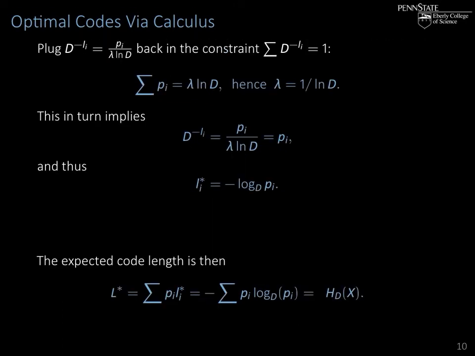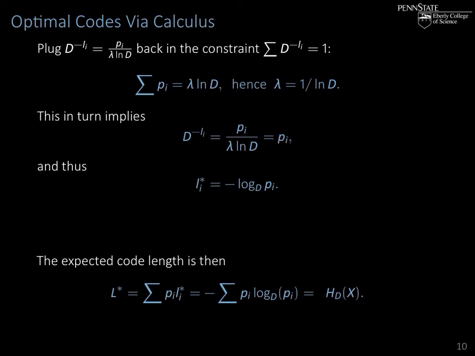So now we put this finding, this identity, back in the original constraint, this equation, right? And then we obtain that the sum of the pi is equal to lambda ln D, which means lambda is 1 over ln D. But now plugging this back in gives us that D to the minus Li is equal to pi.